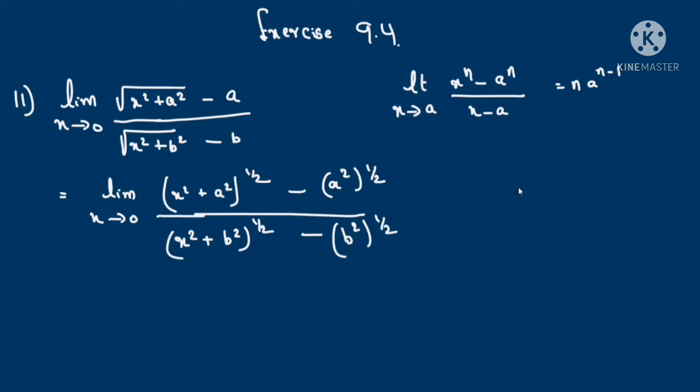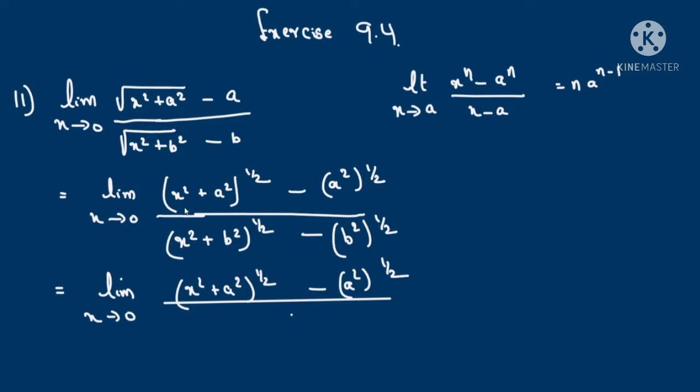X tends to 0. Now this is equal to limit x tends to 0, x square plus a square the whole power half minus a square the whole power half.